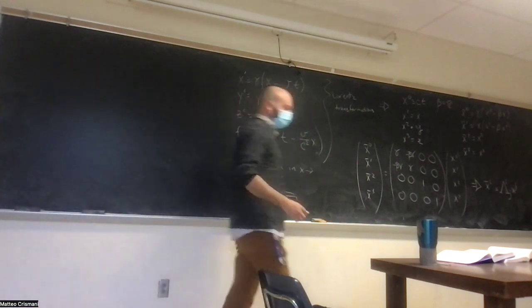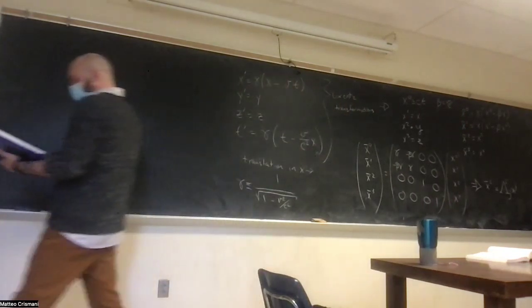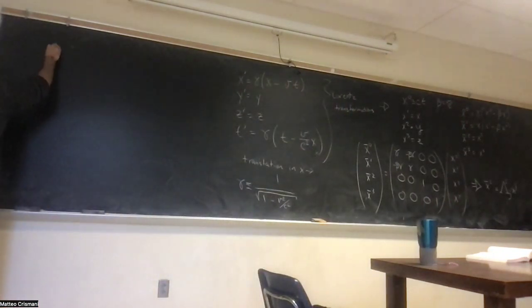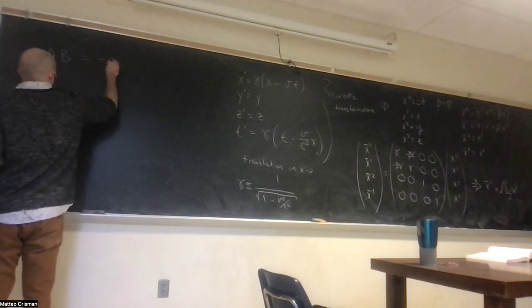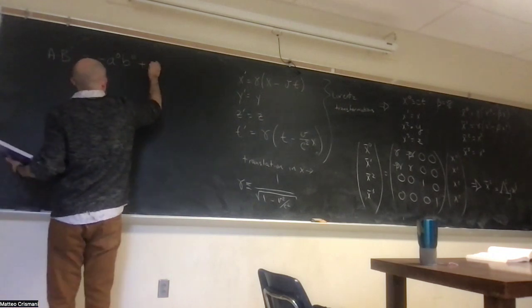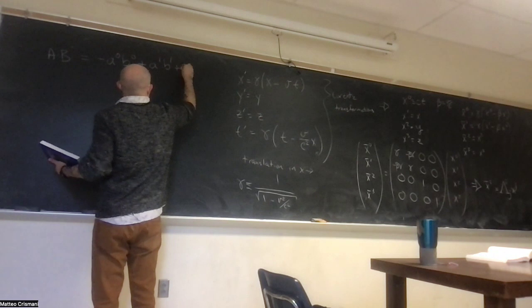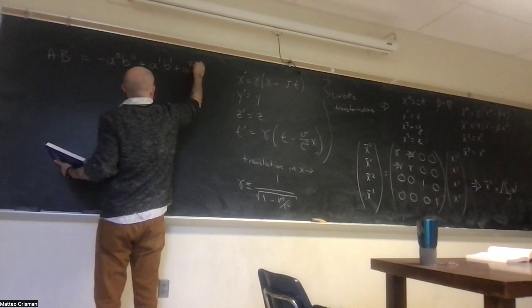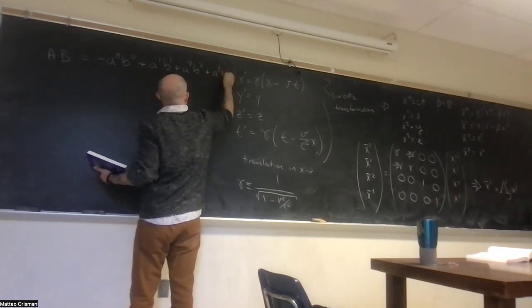If you have two vectors, A and B, A dot B in four-space is given by minus A0 B0 plus A1 B1 plus A2 B2 plus A3 B3.